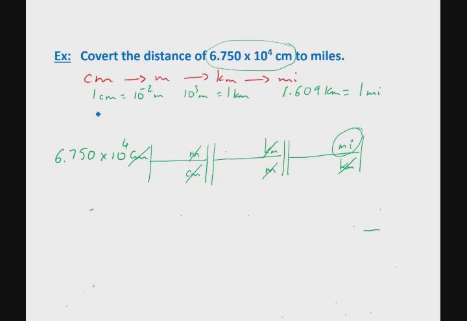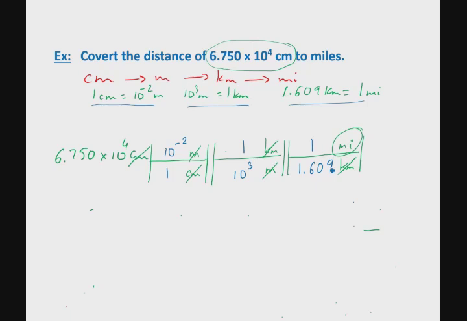So according to this equation, 1 centimeter equals 10 raised to minus 2 meters. According to the second equation, 1 kilometer equals 1,000 meters. And based on the third equation, 1 mile equals 1.609 kilometers. So when you look at the setup, all the unwanted units are crossed out, leaving behind only the unit we need.